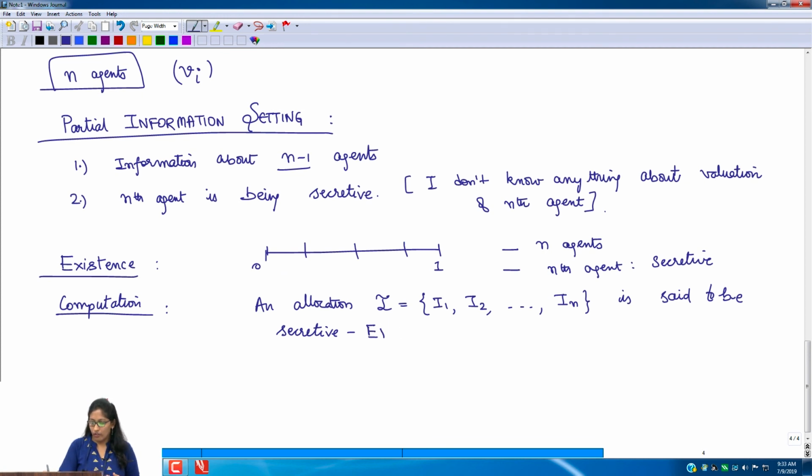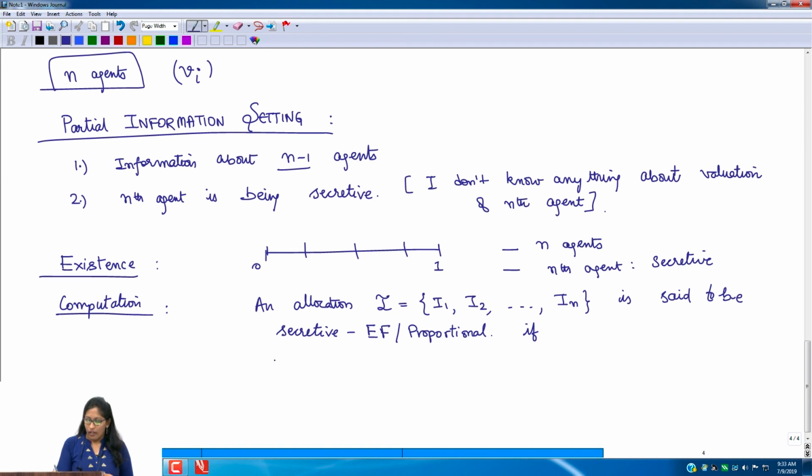We will look at both of the fairness notions. So I'll say that an allocation between, again, n agents is a secretive envy-free allocation or secretive proportional allocation if something like this happens.